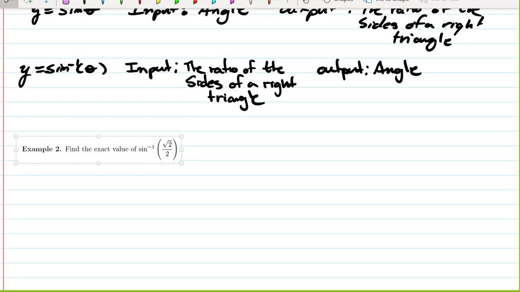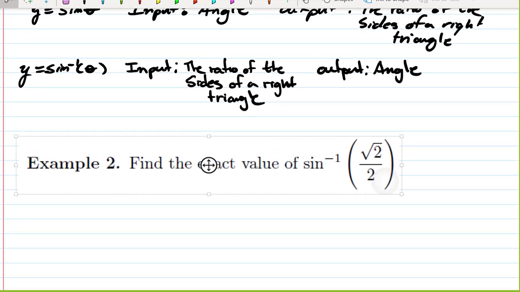Says find the exact value of the sine inverse of square root of 2 over 2.